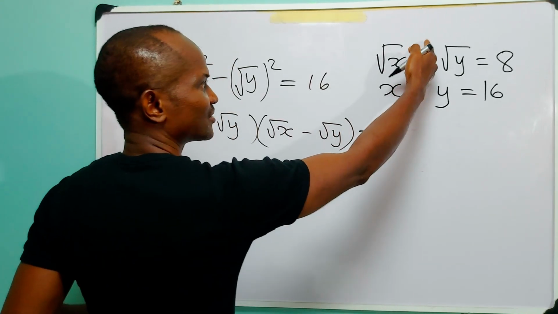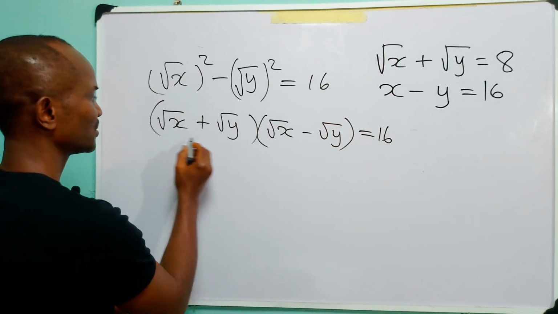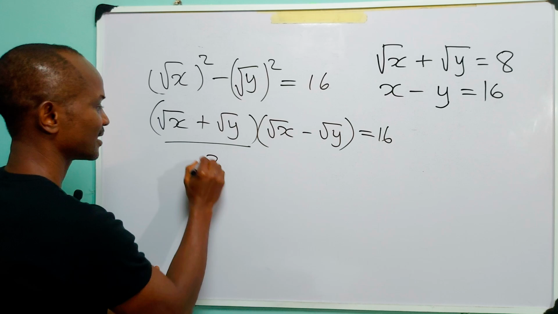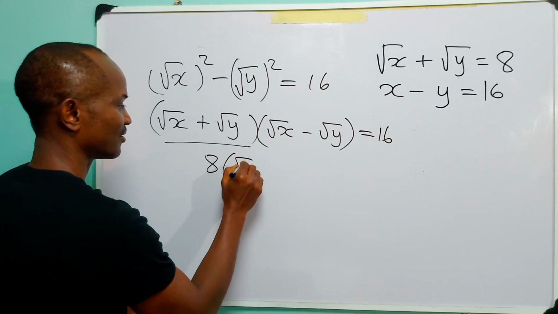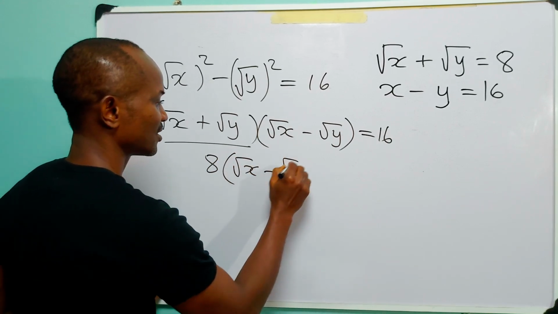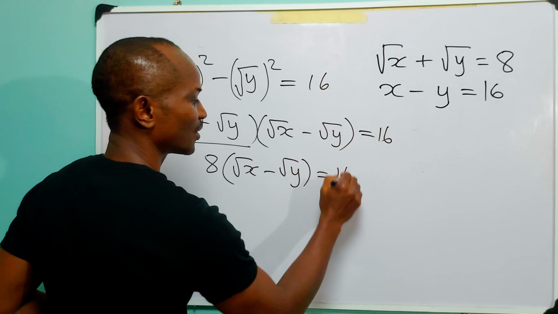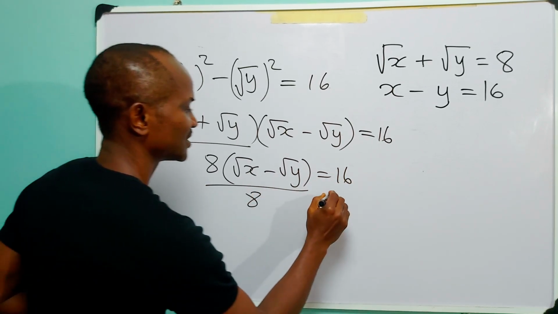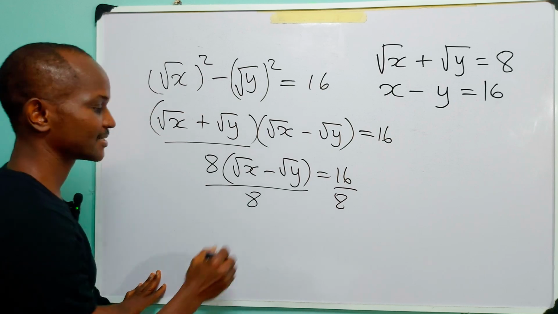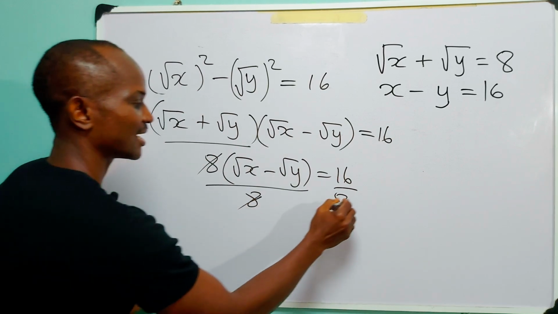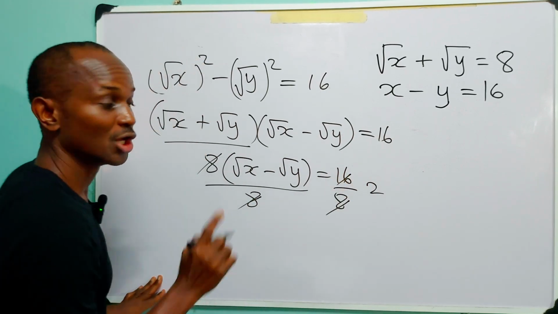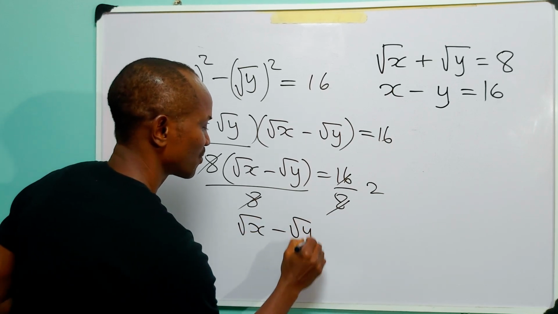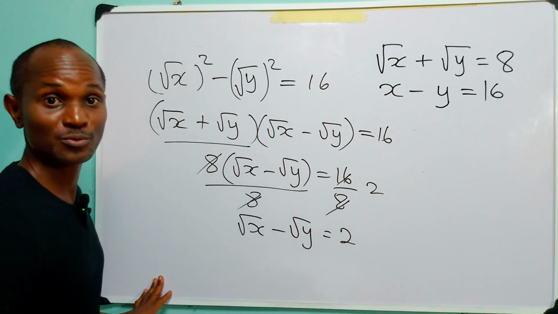But then we come back to the first equation because we've been told that this is equal to 8. So we have that 8 multiplied by root x minus root y is equal to 16. When we divide both sides of this equation by 8, this takes care of that, and this leaves us with 2. So we have that root x minus root y is equal to 2.